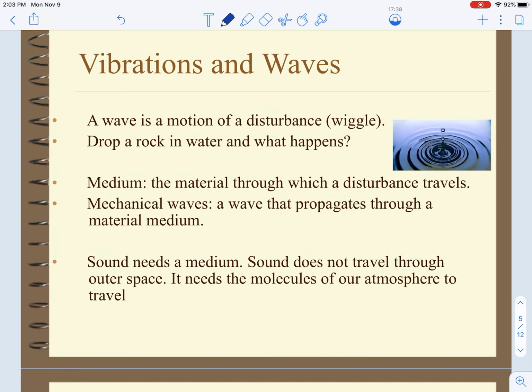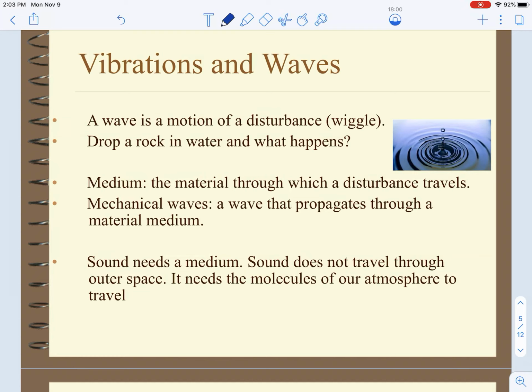All right, if we look at this image of the water over here on the right, we can see that something has been dropped into the water, which has caused it to experience the ripple effect. And I want to point out here that these waves that are created as a result of the disturbance from whatever was dropped into the water are moving out in a circular pattern.